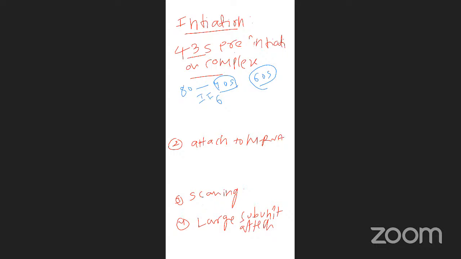This 40S small subunit binds with eukaryotic initiation factor 3 and eukaryotic initiation factor 1A. Please write this down. The 40S first attaches with initiation factor 3 and initiation factor 1A.